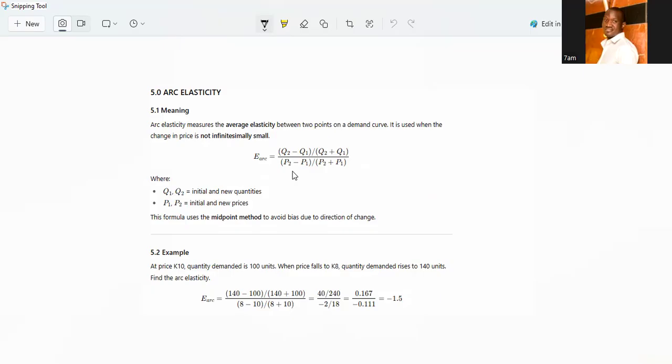Remember somebody asked me a question in my inbox. So it's Q2 minus Q1 divided by Q2 plus Q1, over P2 minus P1 divided by P2 plus P1. So this is elasticity of demand.